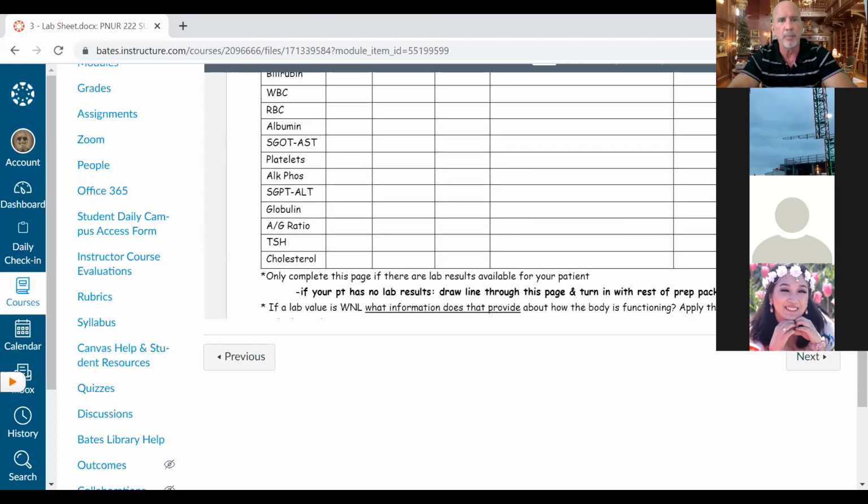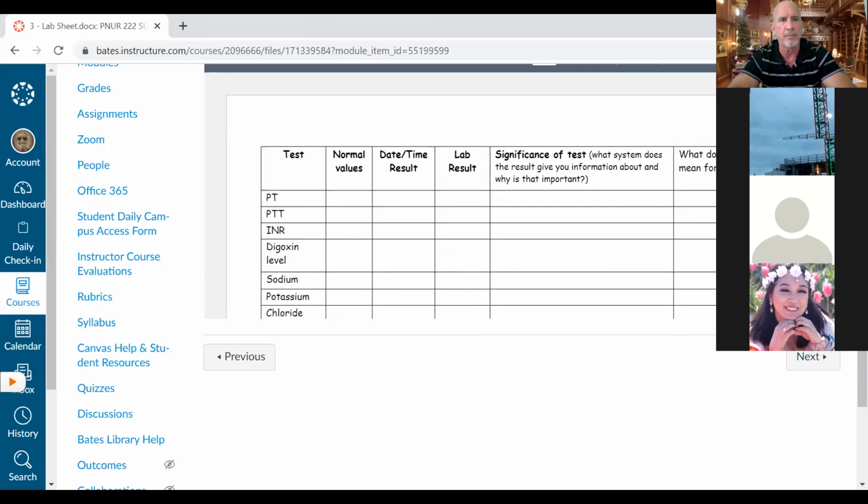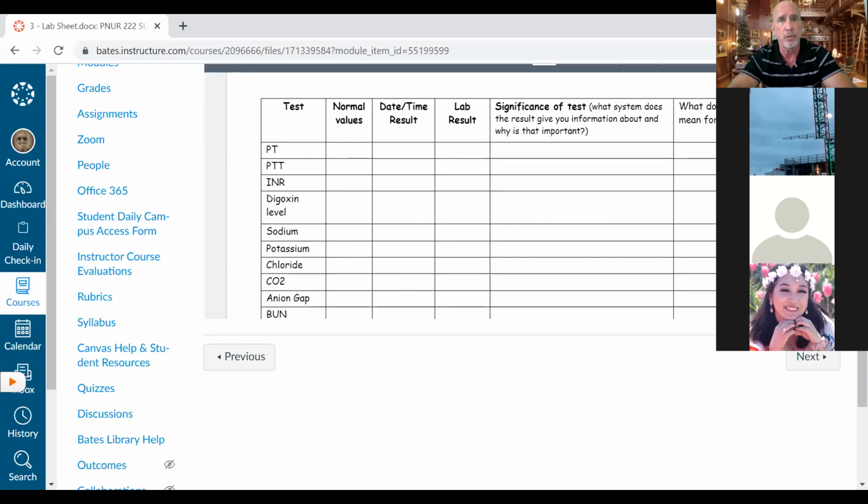Now I'm going to go through a PowerPoint and talk about some of the more common labs, and the information I'm giving you in the PowerPoint, you can use right here. So as you fill these categories out, keep them as a master sheet. So the next patients you get, you don't have to fill in the normal lab values again, and you don't have to fill in the significance of the test again. You'll already have it written out there.